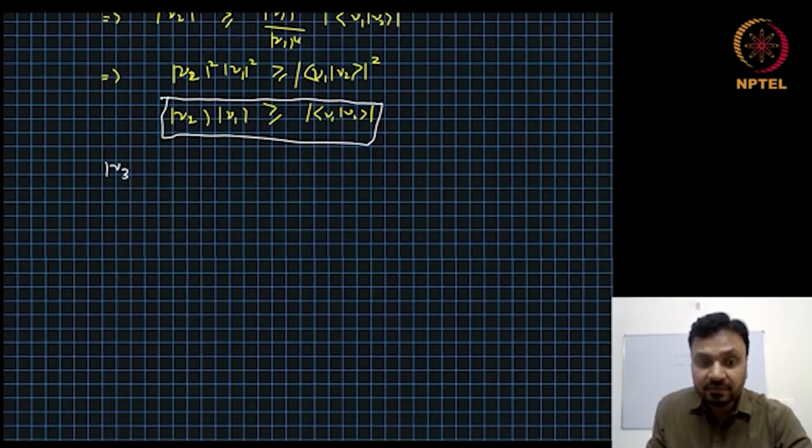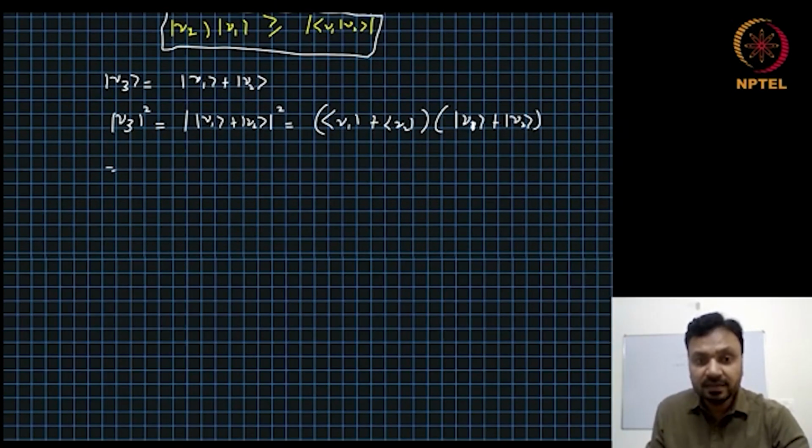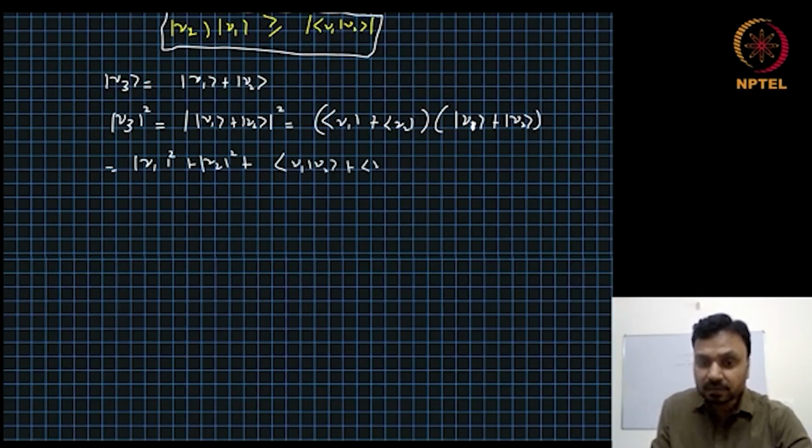Take v3, which, let me remind you, is v1 plus v2. Then |v3|² is |v1 + v2|², which is ⟨v1+v2, v1+v2⟩, and that is equal to |v1|² plus |v2|² plus ⟨v1,v2⟩ plus ⟨v2,v1⟩.